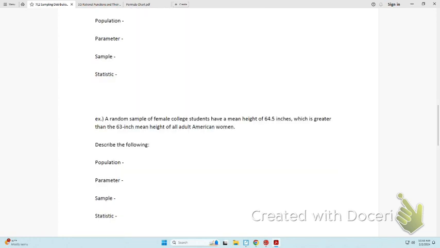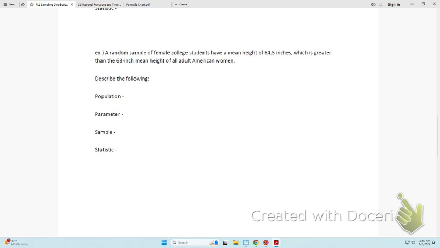All right, let's try one more. This one kind of bugs me because, I don't know, I should have typed it better. Because they're sampling female college students, and our population is all adult American women. But you could have someone from another country going to the college. They're not necessarily American, so I don't know. I should have worded this better.